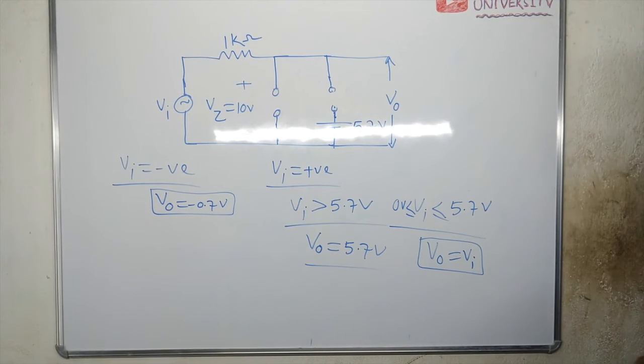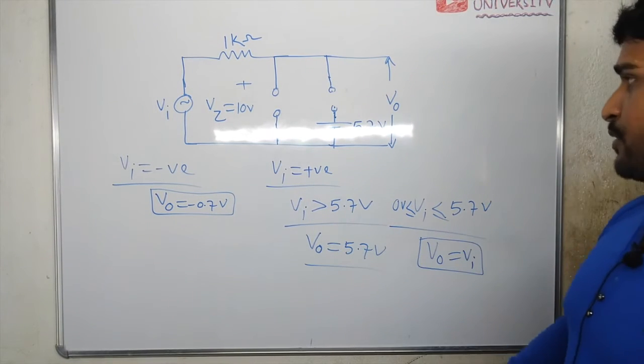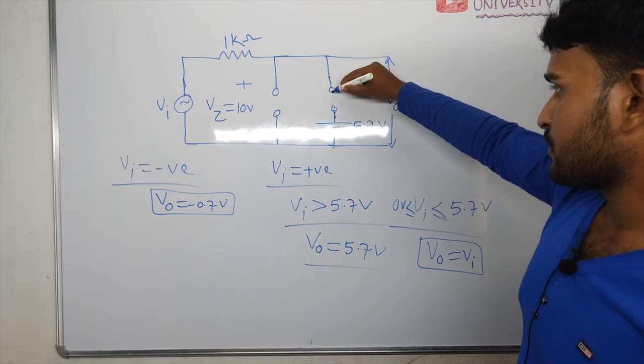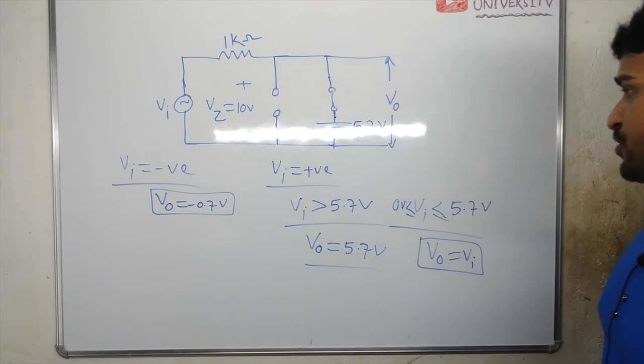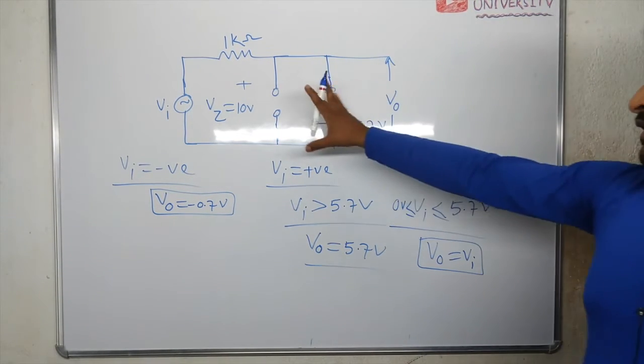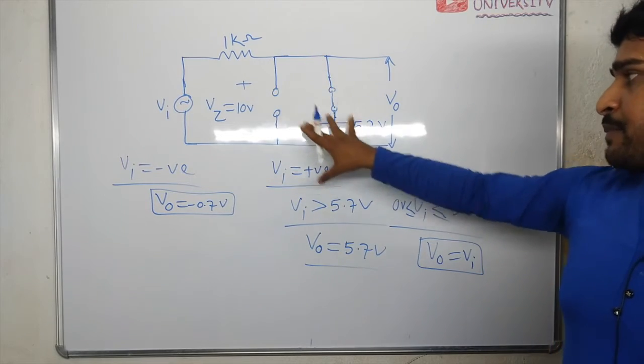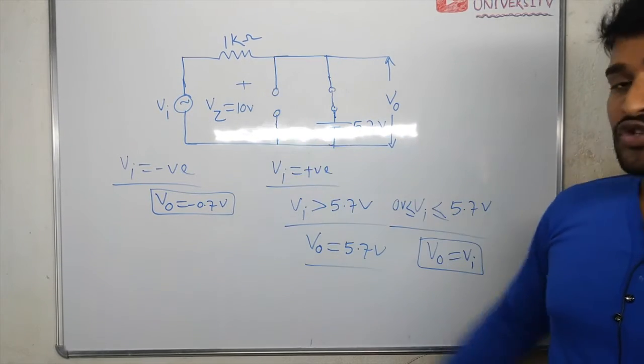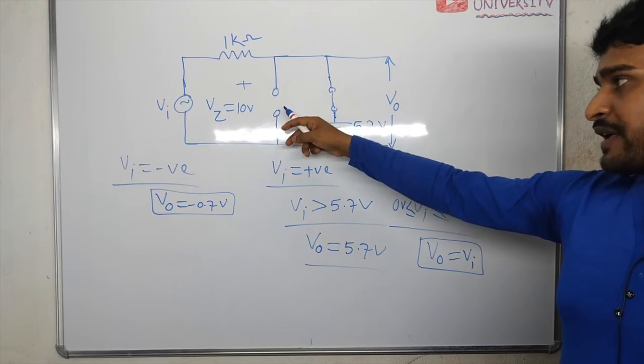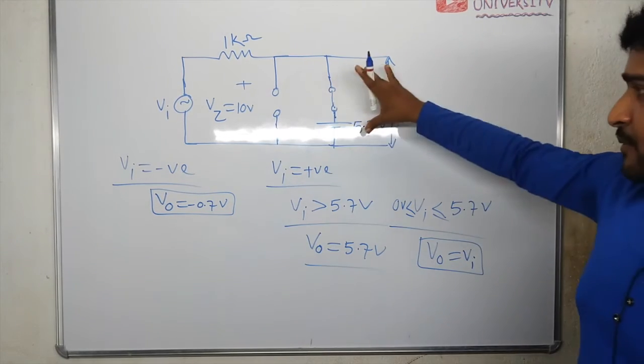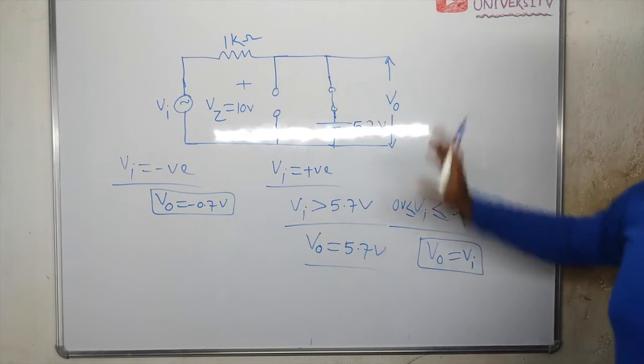And see, when input voltage is greater than 5.7 volt, this diode is forward biased and replaced with a short circuit. And here, what is the voltage appearing? 5.7 volt, which is less than 10 volt. So never will this Zener diode be in breakdown.